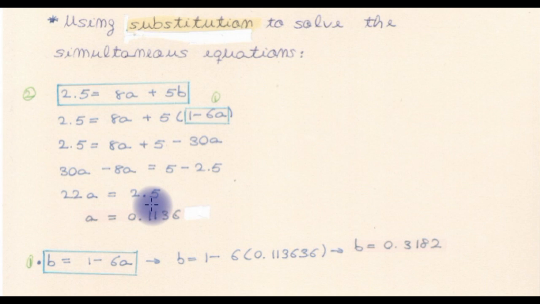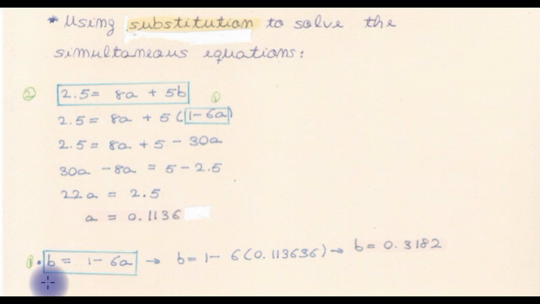Finally, we divide 2.5 by 22, and we obtain the value of a that equals 0.1136 to 4 decimal places. For a more accurate result, now that we have the value of a, we can find out the value of b by using equation 1. b equals 1 minus 6a.